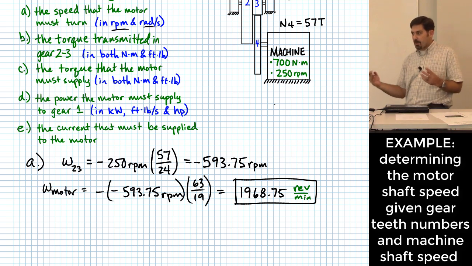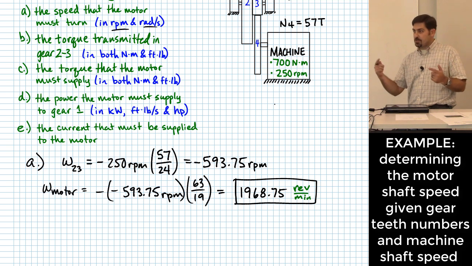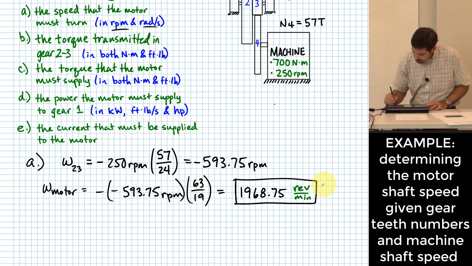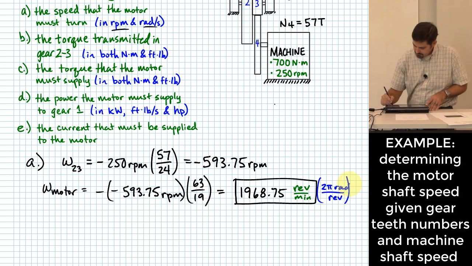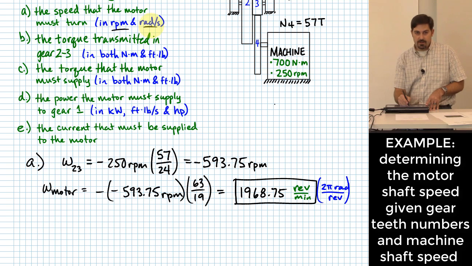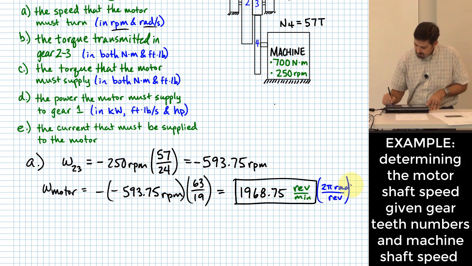To go to radians from revolutions, what do you have to do? Yeah, 1 revolution is 2 pi radians. So you put 2 pi radians in the numerator and a revolution in the denominator. What else are you going to do? It wants radians per second, so you have minutes and you want seconds. In a minute, there are 60 seconds.